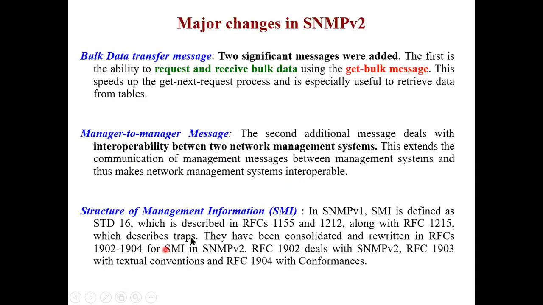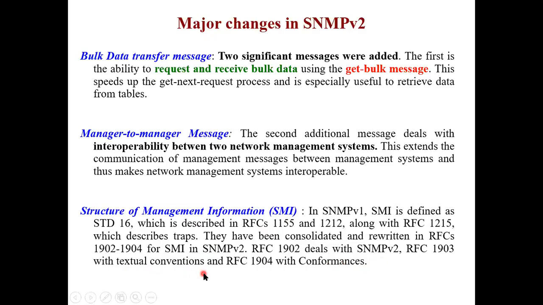The SMI does not remain the same, but we don't change the entire framework. So in SNMP version 1, this is just technical information, SMI is defined in standard 6, which was described in RFC so and so. Okay, so here, I don't know if you will remember all these things. Okay, if you're copying it directly during the exam, it is well and good. But how the structure of management information changes is that some textual conventions and conformance are added.